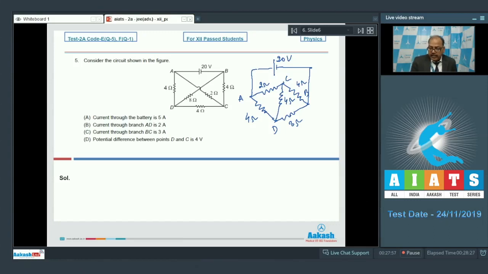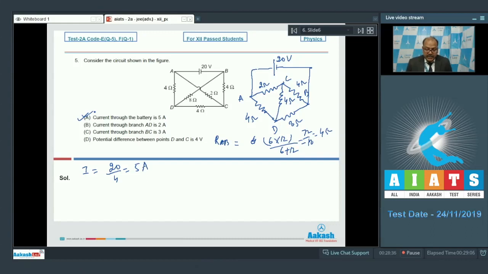So 6 and 12 in parallel will give you the effective resistance, which we can call RAB, equal to 6 into 12 divided by 6 plus 12, and 72 by 18 is 4 ohm. The effective resistance of the network is 4 ohm, and so the current through the battery I is equal to 20 divided by 4, or 5 ampere. So option A is absolutely correct.